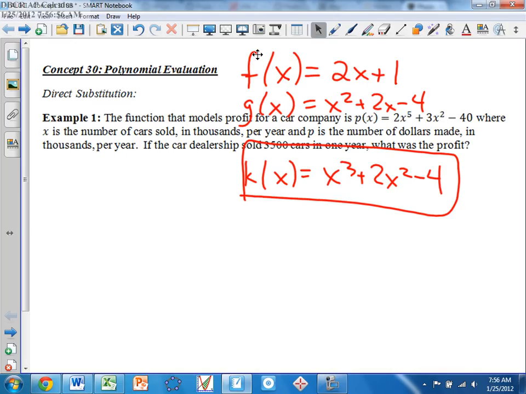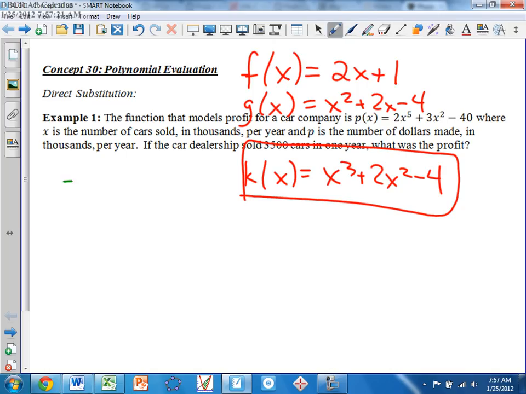All right, it's good that we talk about this, because we have to know what this word means. If a problem says evaluate the function at x equals 4, what does it tell you to do? Find the value when x equals 4, as Vanessa just said, substitute. So here's what I want you to write down.